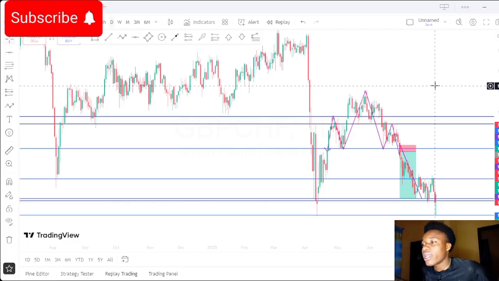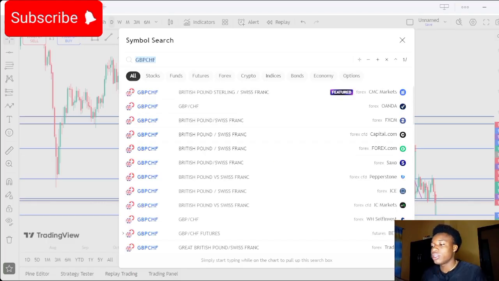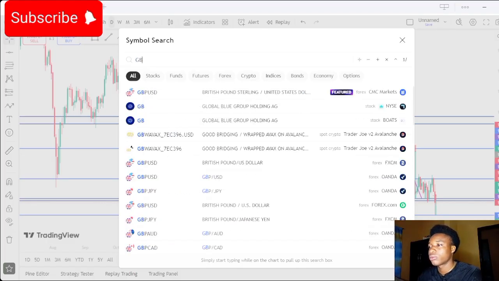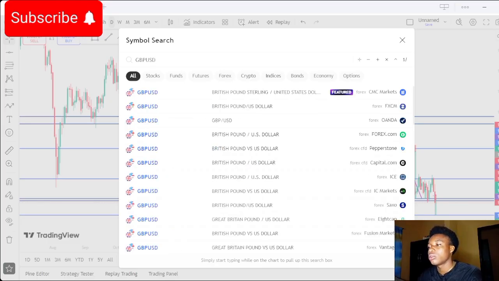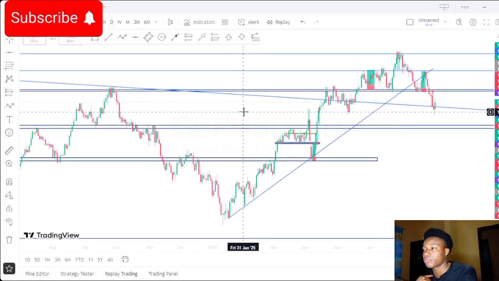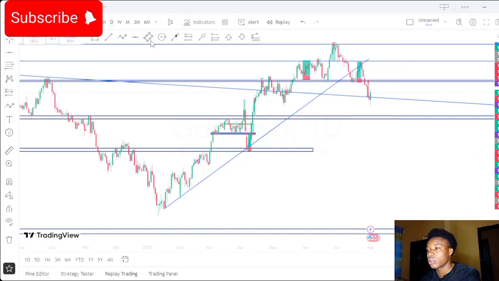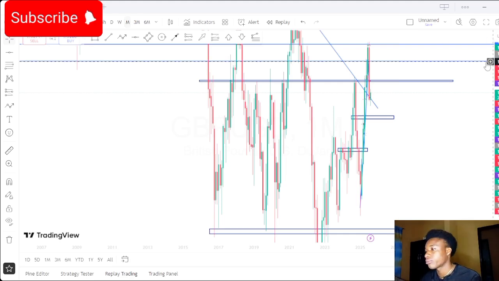Let me show you guys another example, not only GBP. Let me bring up GBP USD. Let's start from the monthly time frame.